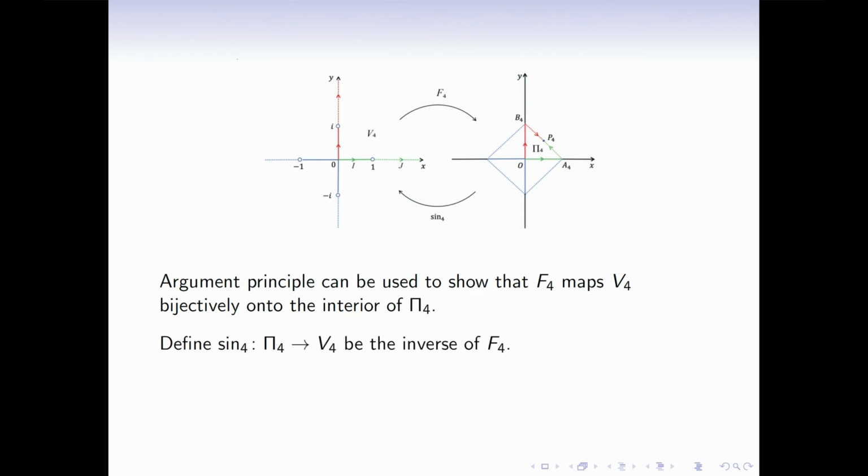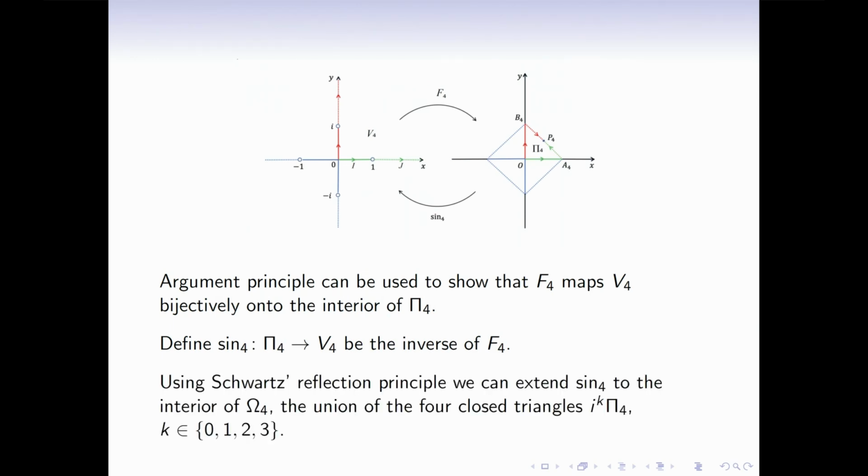And once you get f4, you can invert it. It's bijective. So sine 4 is now defined from that right triangle P4 to V4. And then you can use the Schwarz reflection principle to map it all the way around. So at the end of the day, you get sine 4, which is mapping from this, which I call omega 4, to this complex plane.